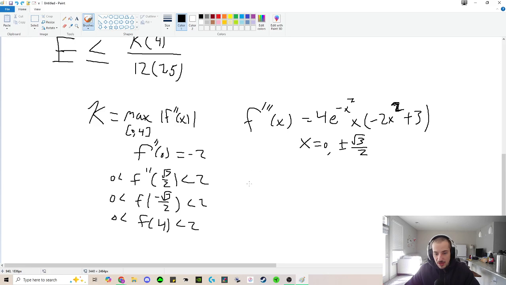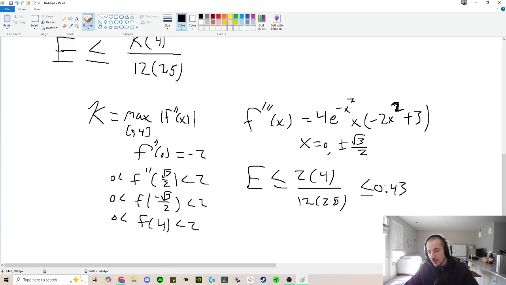This means that E is going to be less than or equal to 2 times 4 cubed over 12 times 25, which is something like 0.43.